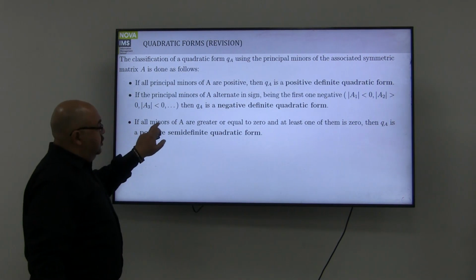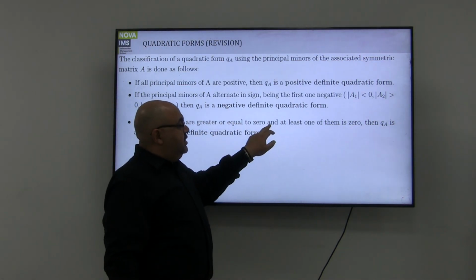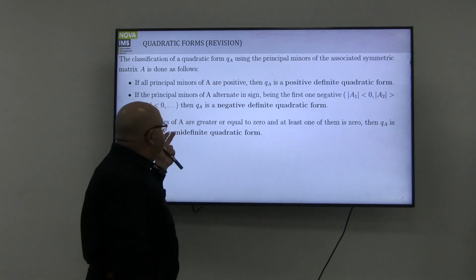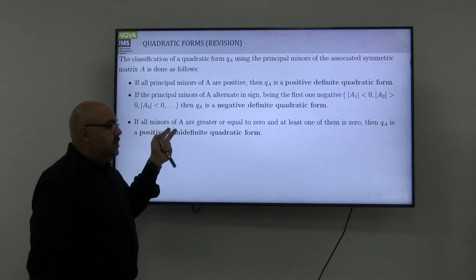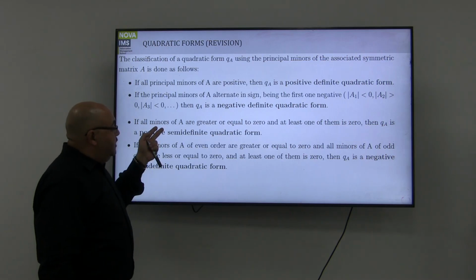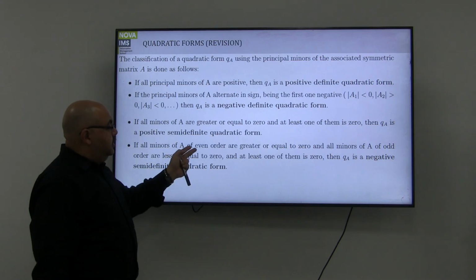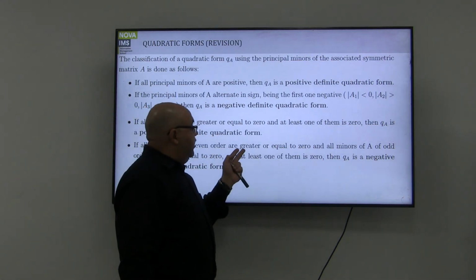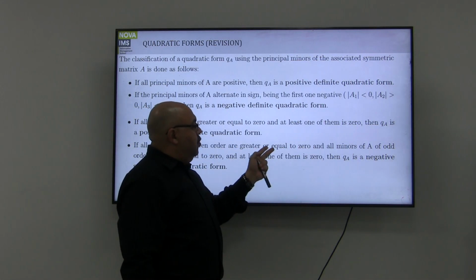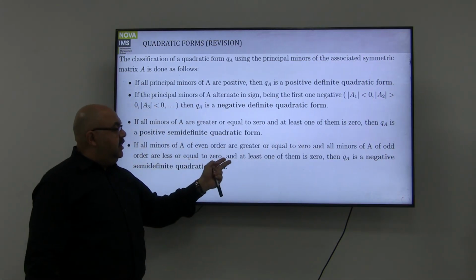If all minors of A are greater than or equal to 0, and at least one of them is 0, then it is a semi-definite case. I'm not going to study it. These are the semi-definite cases, I'm sorry. If all minors of A of even order are greater than or equal to 0, and all the minors of A of odd order are less than or equal to 0, with at least one of them being 0, then Q is negative semi-definite.